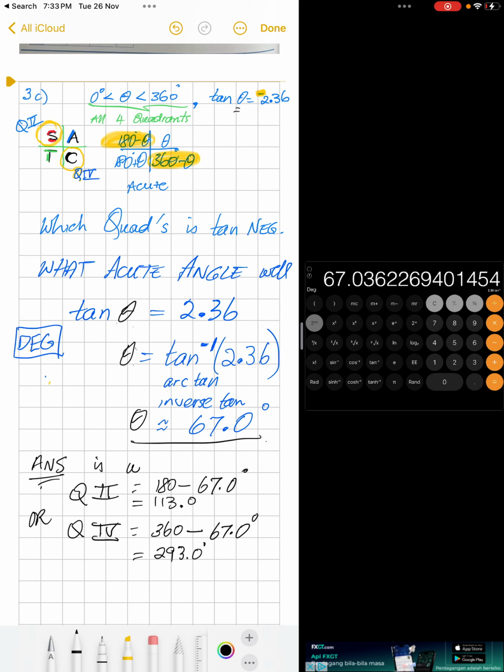Let's check. 180 minus 67.0 degrees is 113, yes. And 360 minus 67 is 293 degrees. Good. And there is our two solutions.